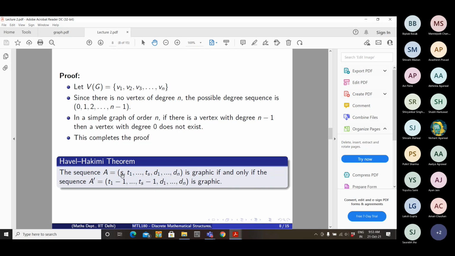Your first vertex has degree S, so there must be at least S vertices with positive degree. Those S vertices can be T1 up to Ts if all the remaining vertices have degree 0. So both A and A dash are consistent sequences, or both exist, first of all.